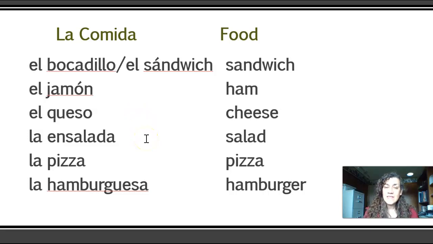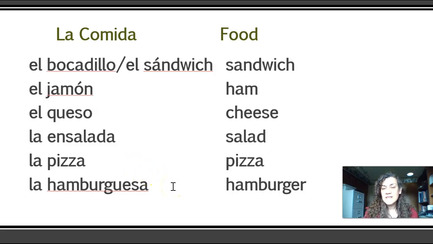La ensalada is salad, and you can actually see the word salad in there. It's just got an added syllable at the beginning and one at the end. La ensalada. This one's easy. La pizza. That's pizza.